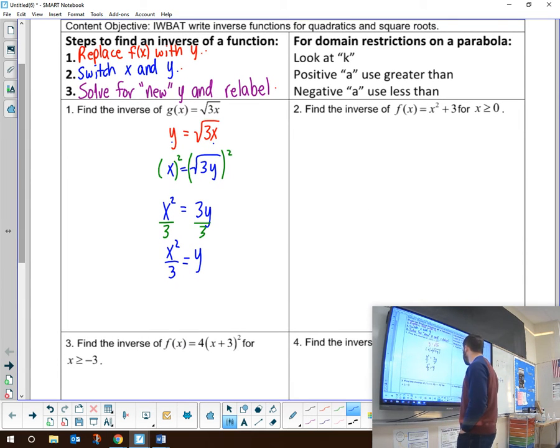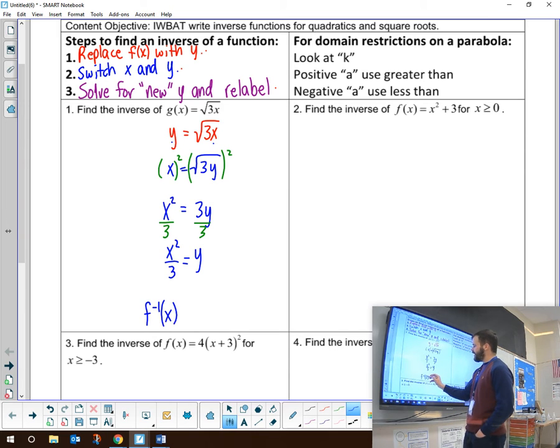We're going to say, okay, we're going to change this y into an f of negative 1 of x. Now that little negative 1, that stands for inverse. And so we're saying the inverse of this function is f of negative 1 of x is x squared over 3.